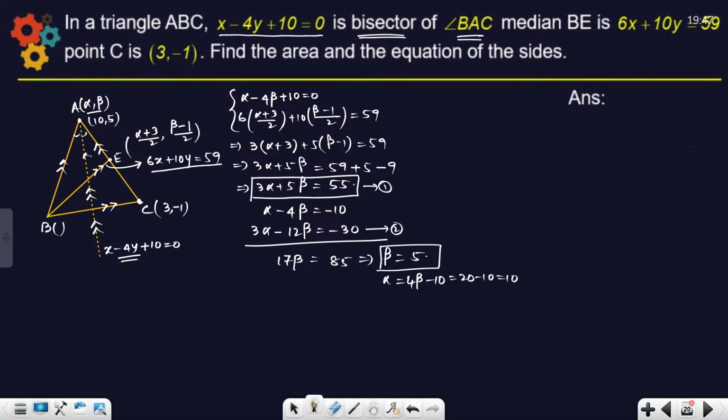Since this one is the angle bisector, the image of point C will definitely fall on the side AB. Is it clear? So if I draw a perpendicular from here, its image will be somewhere here or anywhere, doesn't matter, but it is definitely on the line AB. Okay, so let us try to find this point. How to find this point? Apply the shortcut formula.